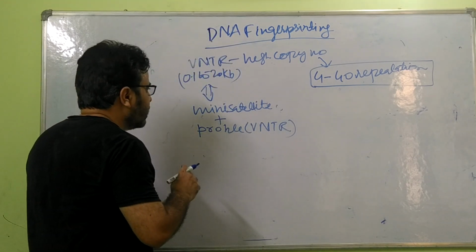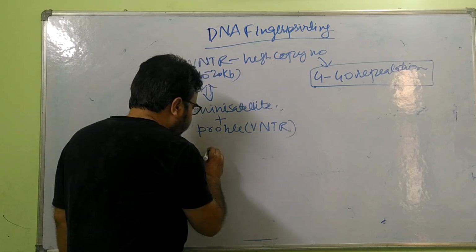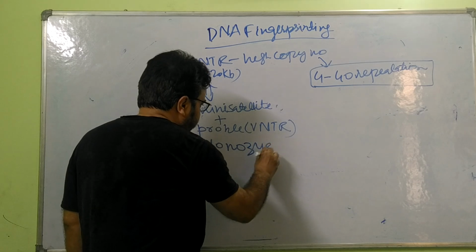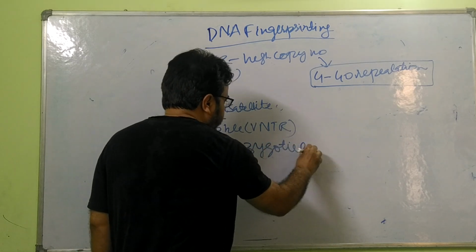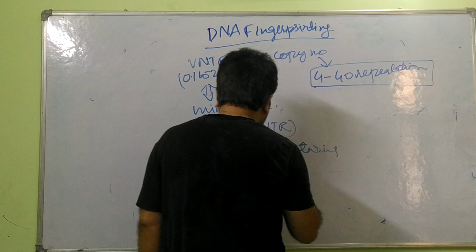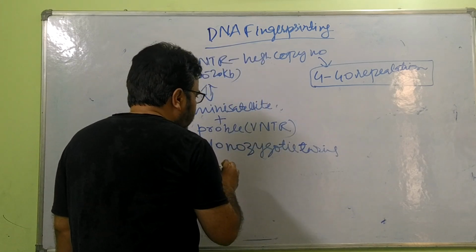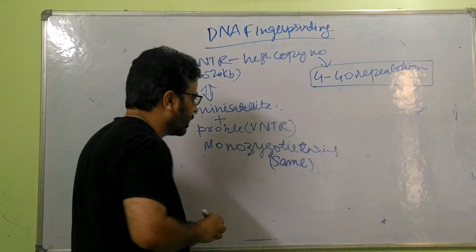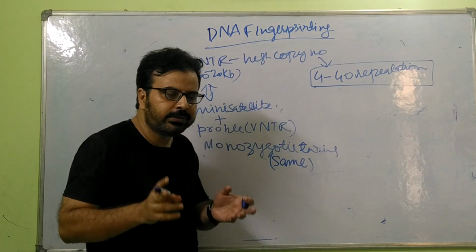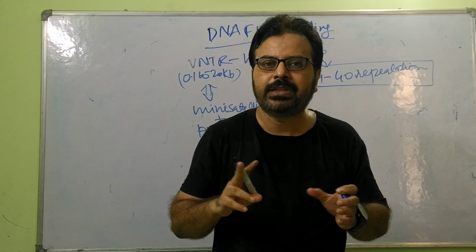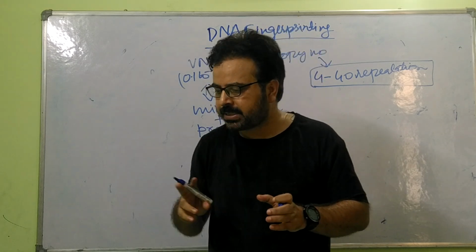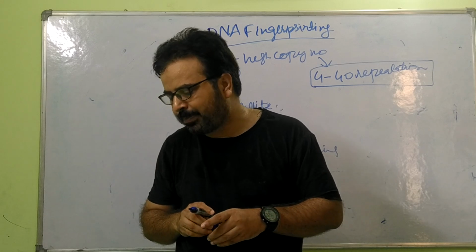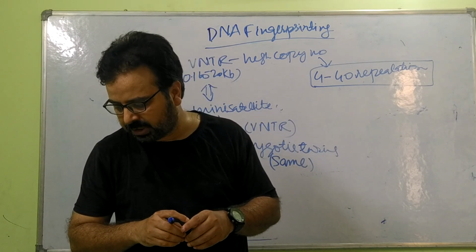Those were different sizes, but in monozygotic twins these will be the same repetitions. In samples of two monozygotic twins, you cannot identify them on the basis of VNTR. There you will use SNPs, single nucleotide polymorphisms.